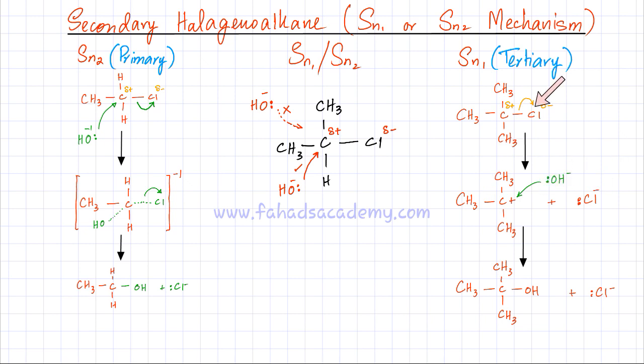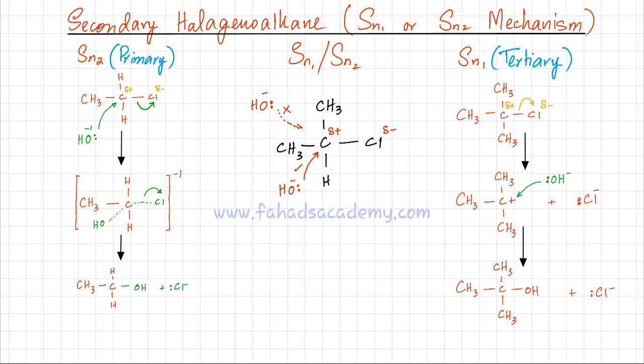The probability of the formation of the carbocation would increase. So with a very high temperature or a very polar solvent, the formation of the carbocation would be easier, and this mechanism would start dominating.